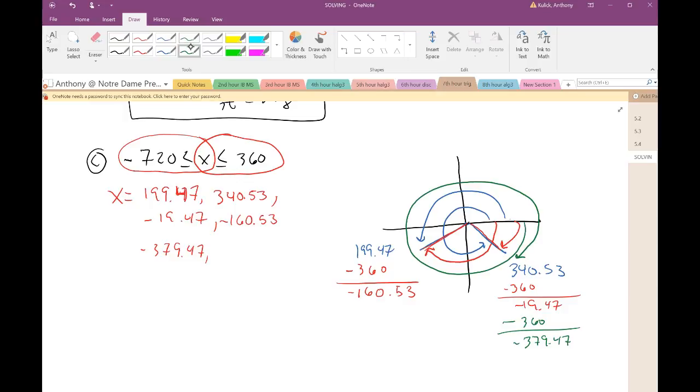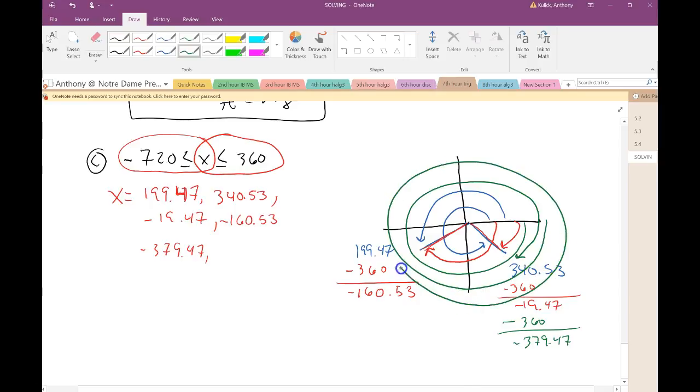Okay to there. And then one more, I can do that one to there. How do I get that? I'll just go to that other angle and subtract 360 again.